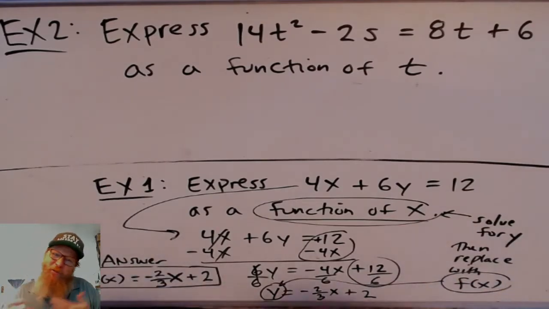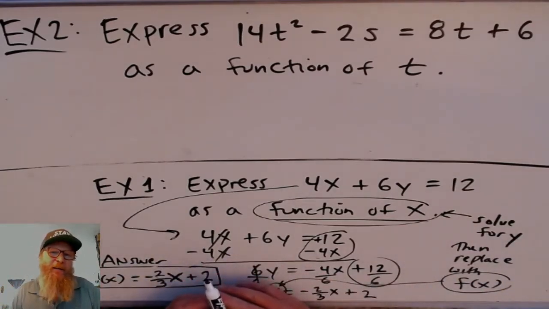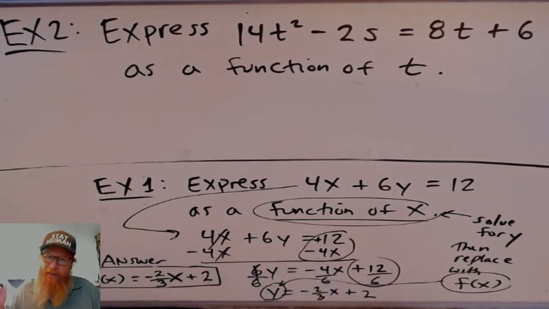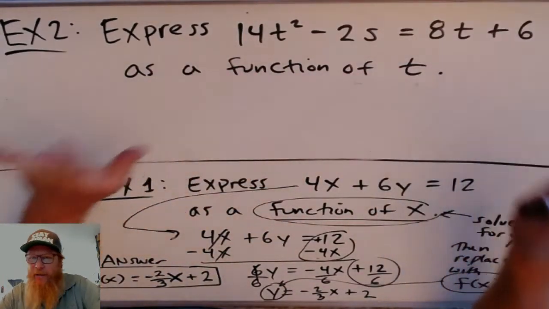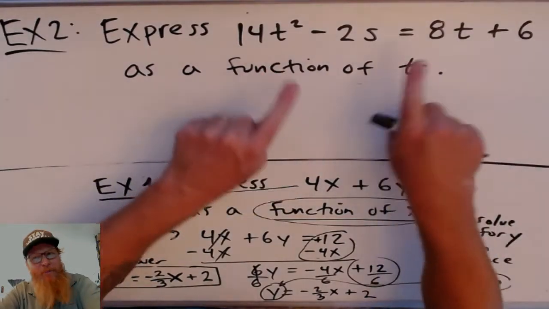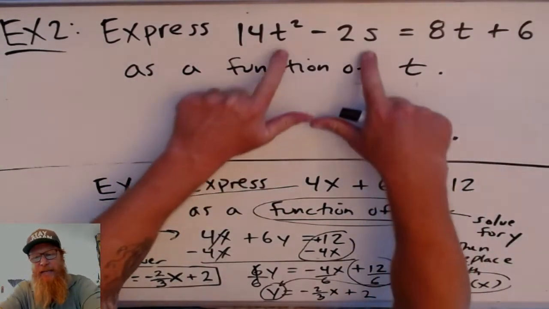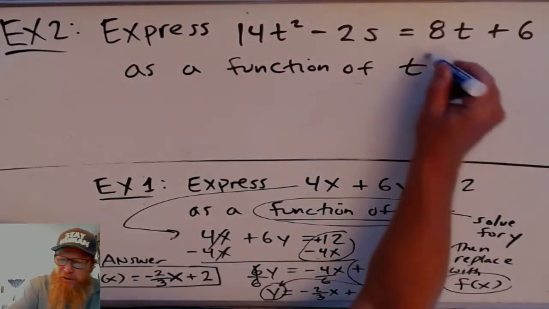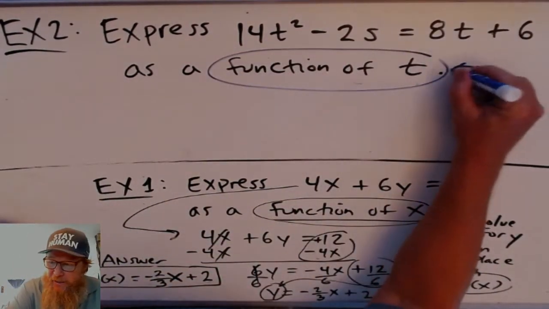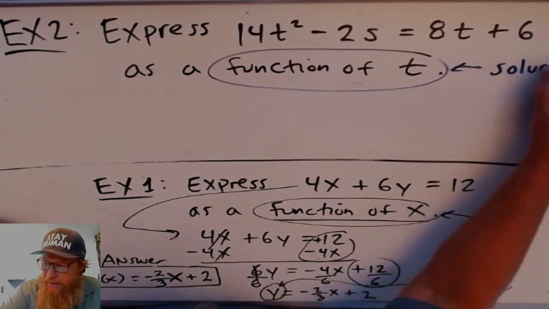This is what I've been alluding to over the last couple lectures, where I give you an equation that looks like x and y, but I'm using different letters. In this case, I'm using s and t. So as a function of t, we mean solve for s.